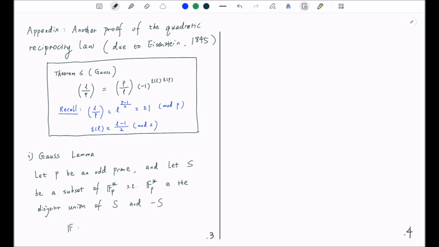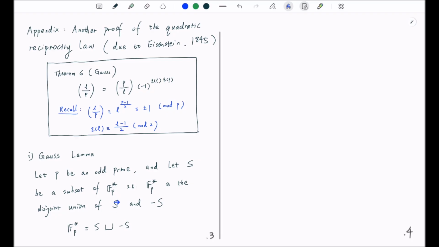Or we can write Fp star equal to S disjoint union minus S. Here, the set minus S consists of elements of S multiplied by -1.